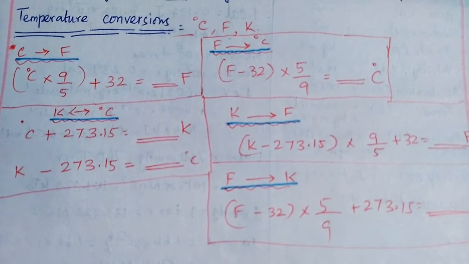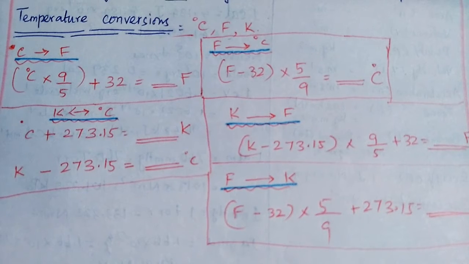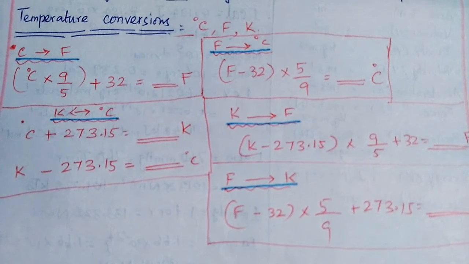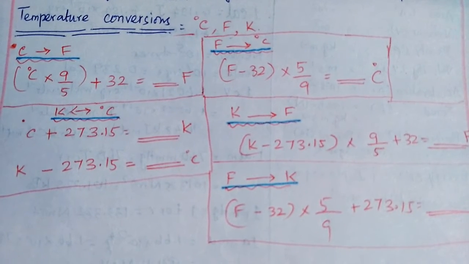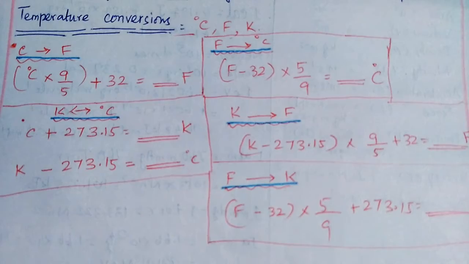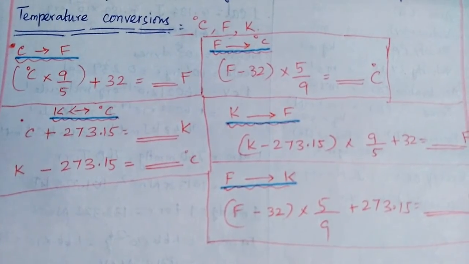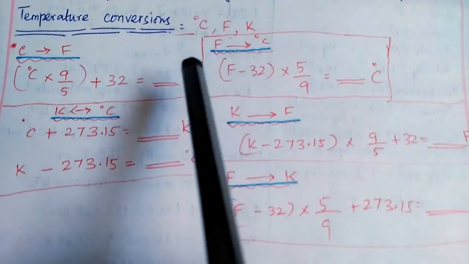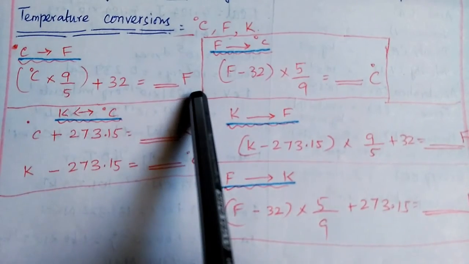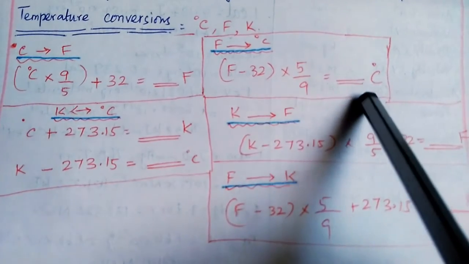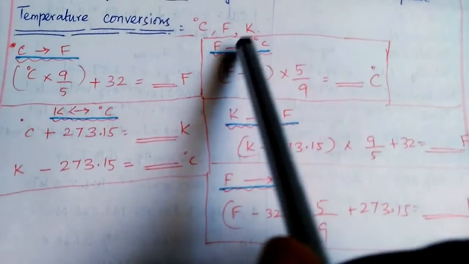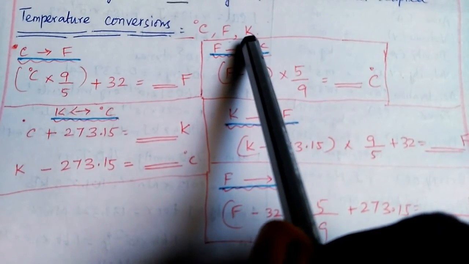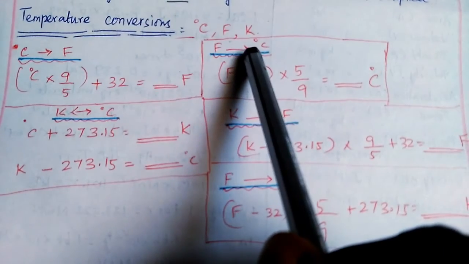Only by knowing these three values will we be able to find out the temperature value, and we cannot avoid these three temperature units. Sometimes Fahrenheit is used, for some values we need degree Celsius, and for some experiments we need the Kelvin unit. So we cannot avoid these units.